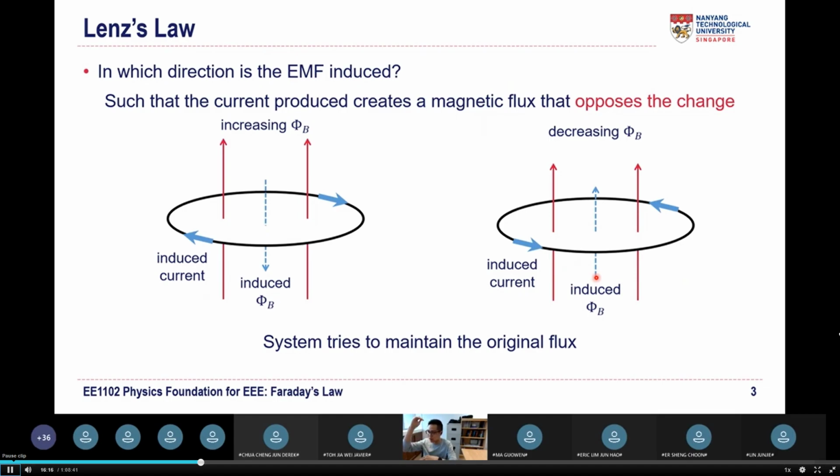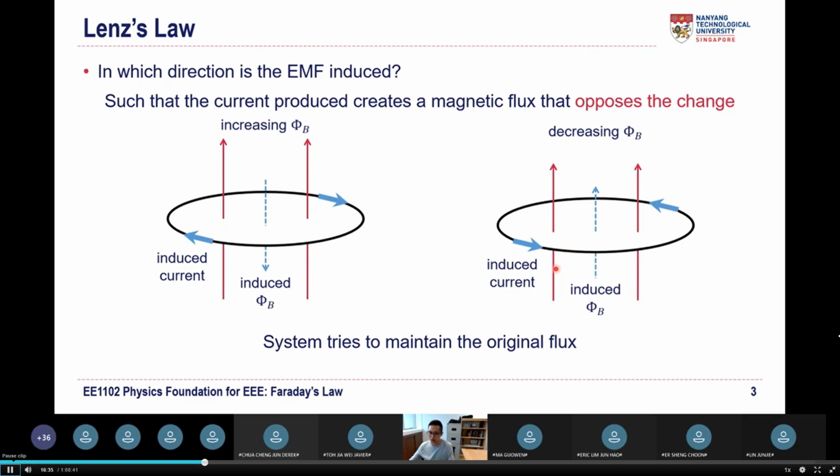Because it doesn't want to change, it tries to oppose the change. So in order to create a magnetic field going upward, the current needs to be induced in the counterclockwise direction.